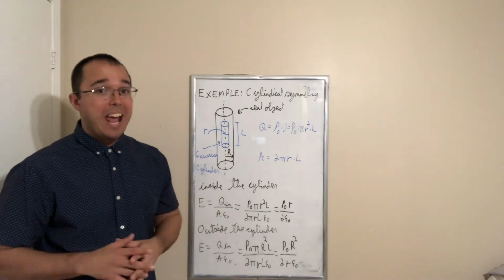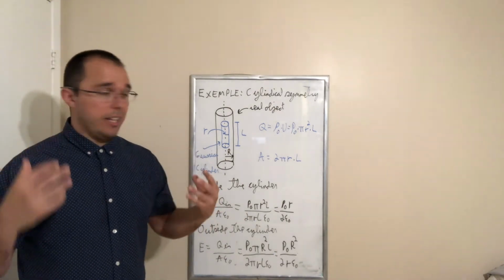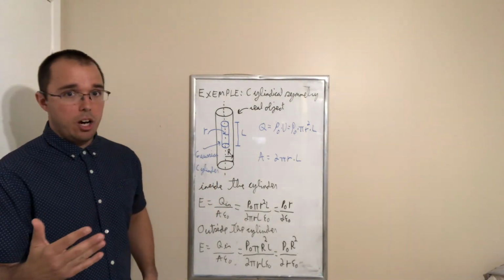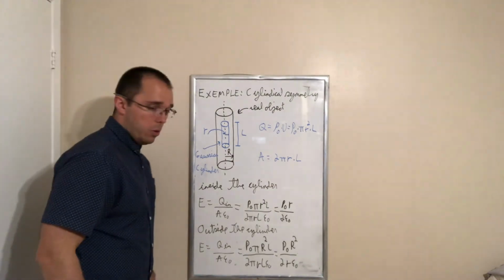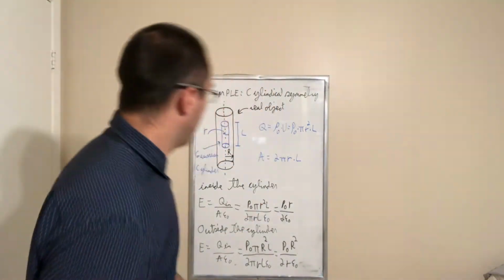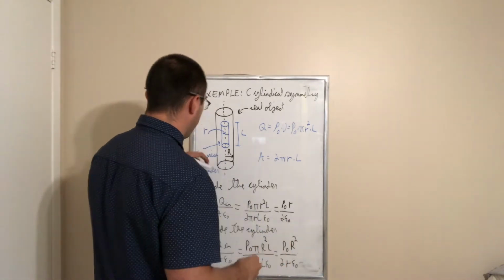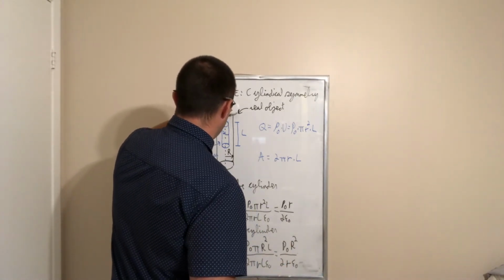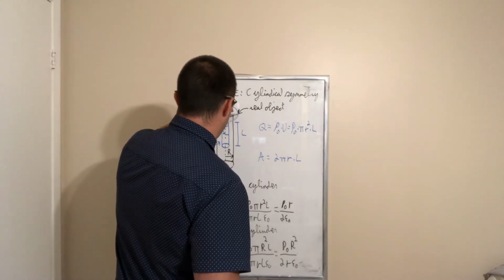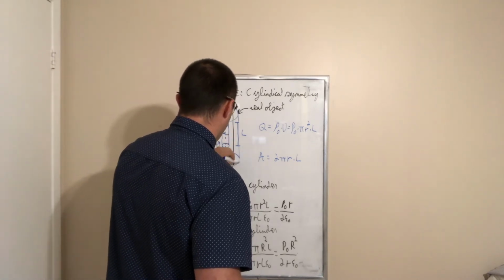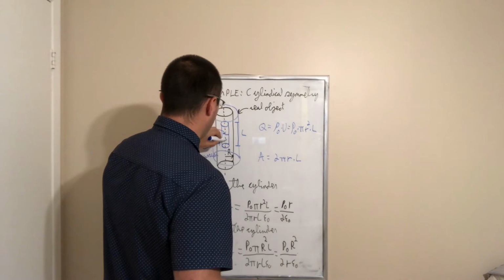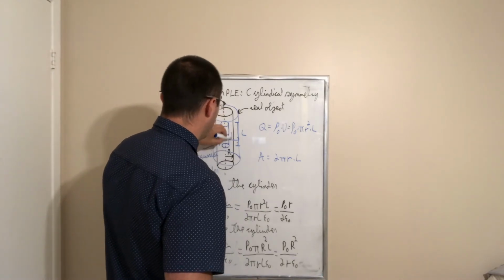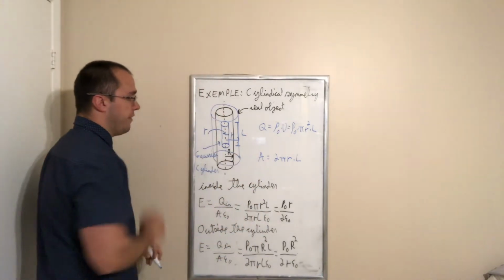All right? Now let's consider the electric field outside of the cylinder. To consider an electric field outside, we will draw, it's a bit hard to not completely butcher my diagram over here, but we will draw a bigger Gaussian cylinder outside, and we will be considering now the electric field on the surface of that big cylinder.